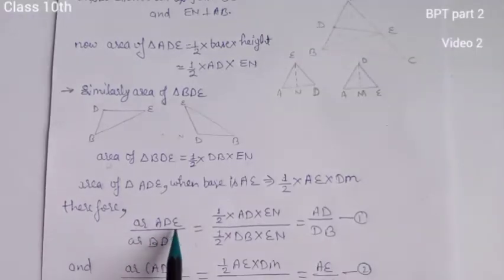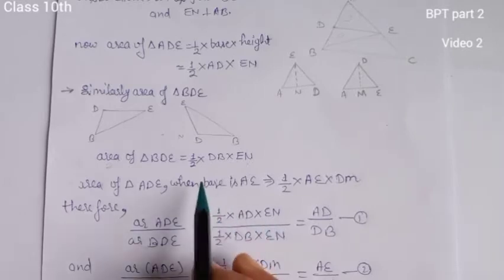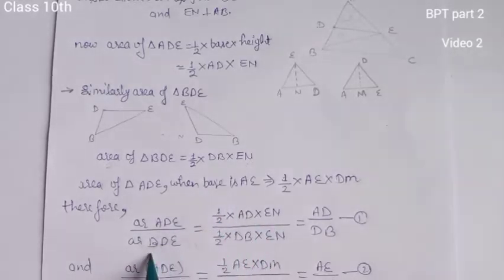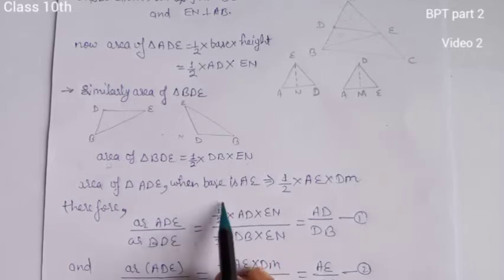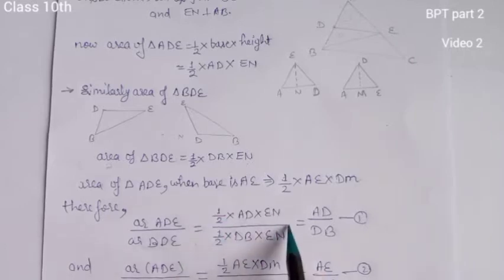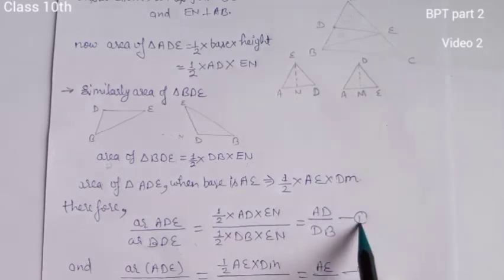The area of triangle ADE is already found above: half into AD into EN, and for BDE half into BD into EN. Half is cancelled by half and EN is cancelled by EN. What is left? We have AD upon DB. Make it equation 1.